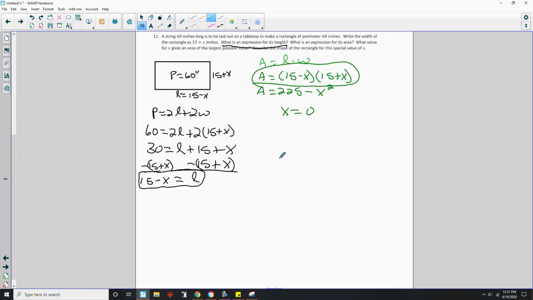So when x equals 0, the width is 15 plus 0, and the length is 15 plus 0, and that would be a square of length 15 by 15.